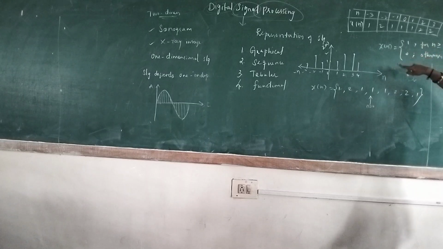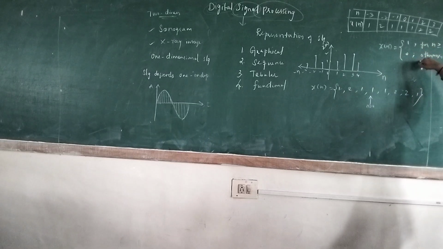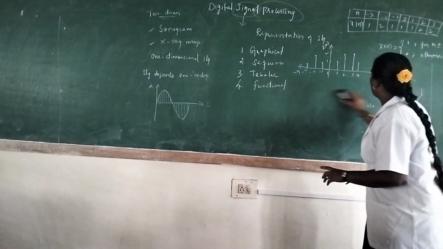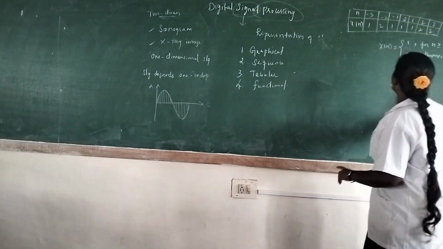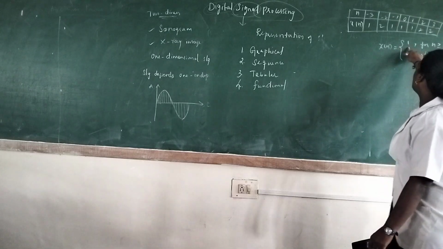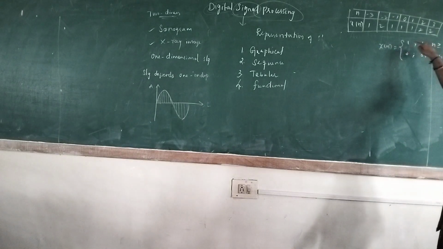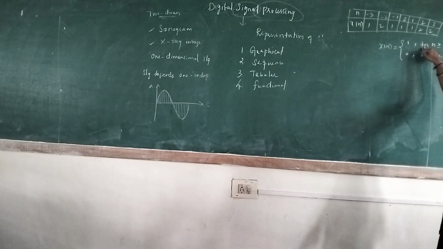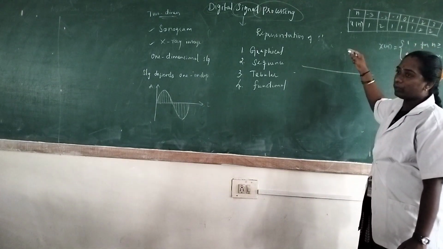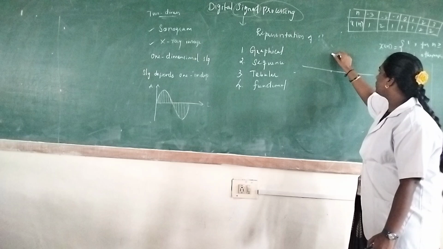If you want this functional format to be represented graphically, here you can write this. I am going to represent this function in a graph. Here they have mentioned that the value will be 1 when n is greater than or equal to 0. Greater than or equal to, in the sense that you want to consider the origin also.